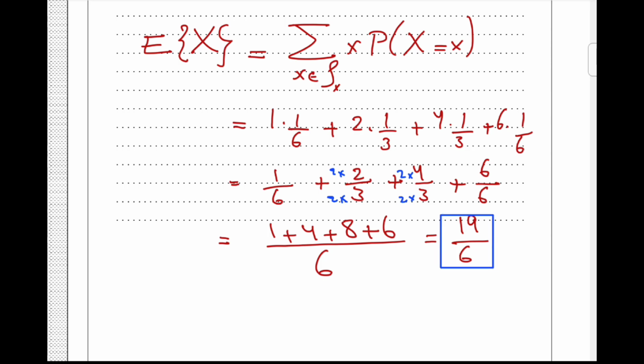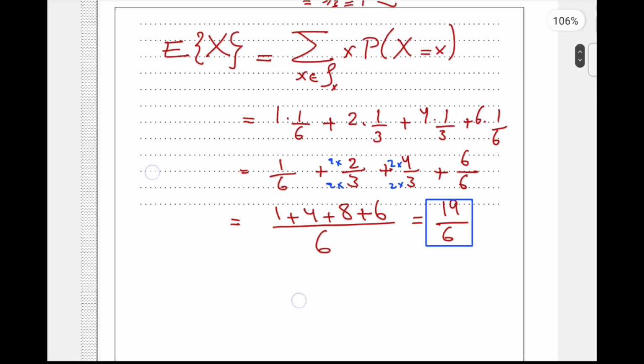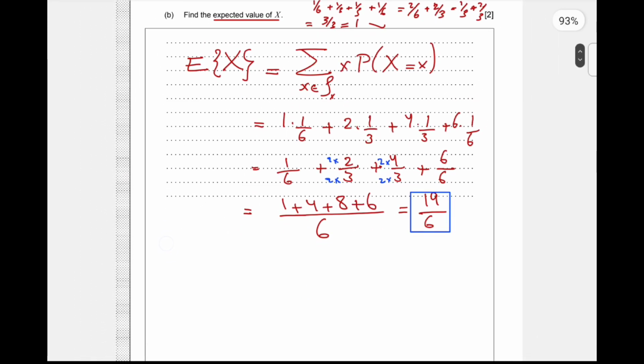That's the expected value. And that's it.